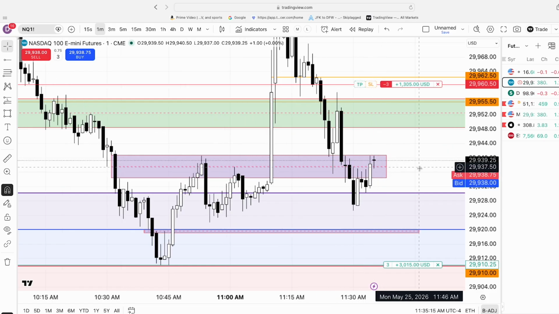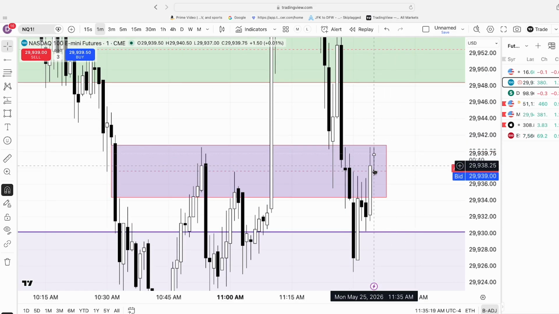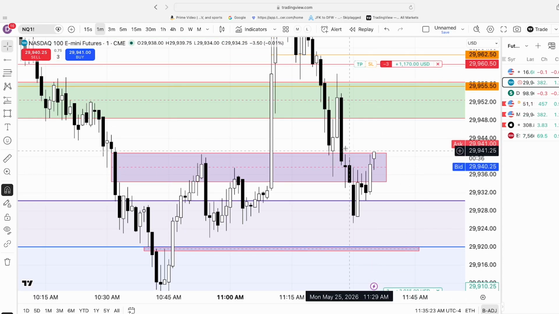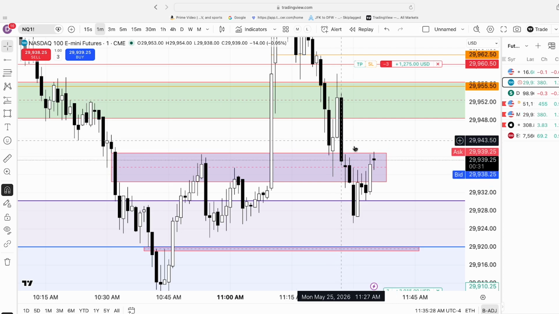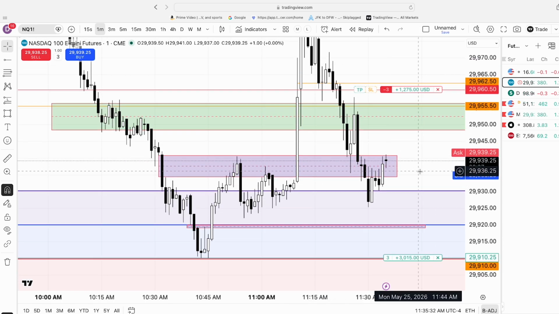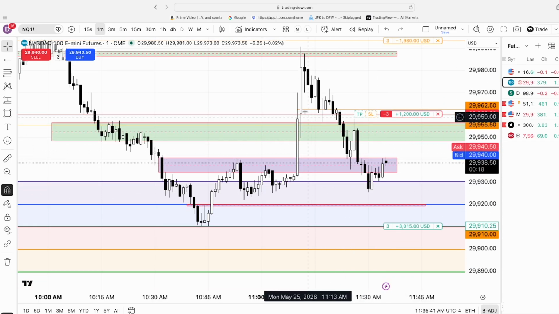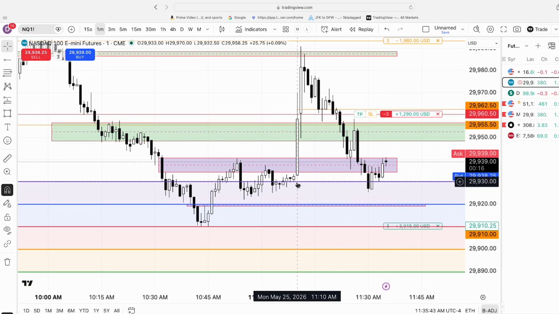Okay, so what other tricks do we want to know? It's wicking in the gaps. This is a nice little gap in here. Okay, so this broke some type of support here, and it's going to run back up.